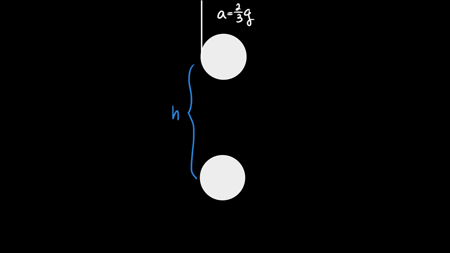I am creating a variable in service to this problem. At the end of the day, h can't be in my answer, but I can use it now in service to my problem. So I'm going to serve this problem. I'm going to try and work out this problem using energy.